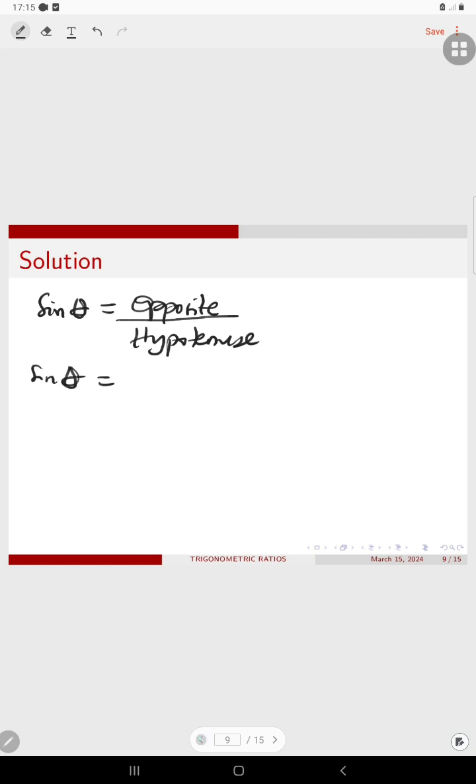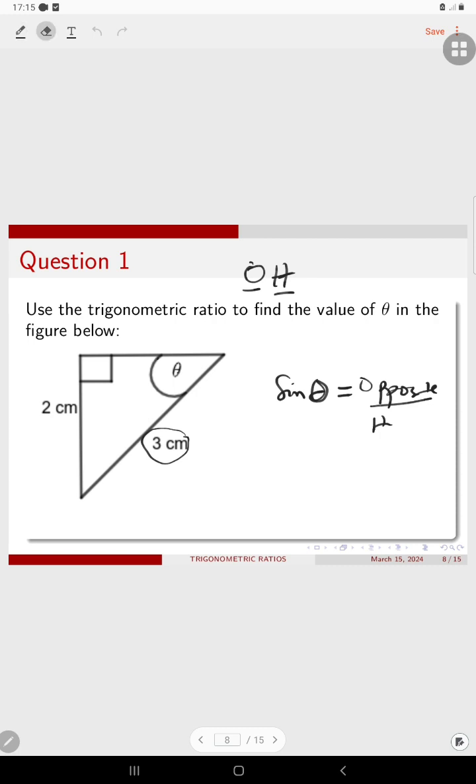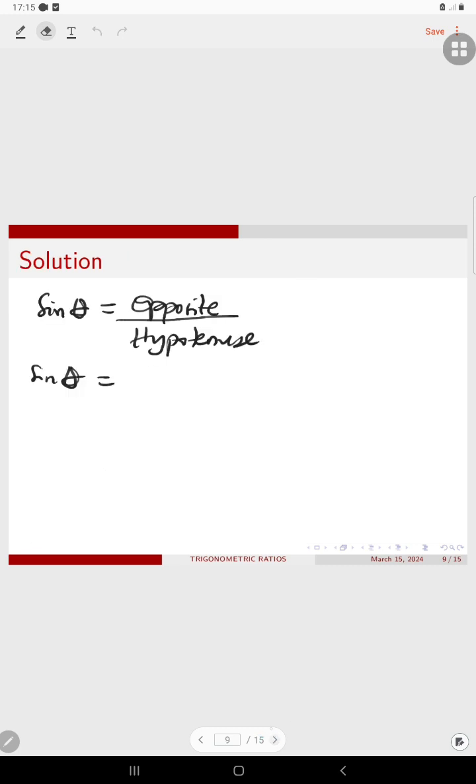What is our opposite? The opposite is the 2, and our hypotenuse is the 3. So it's 2 on 3, 2 centimeters on 3 centimeters, and the units cancel out. So you get sine theta equals 2 on 3. All right, then what do you do?